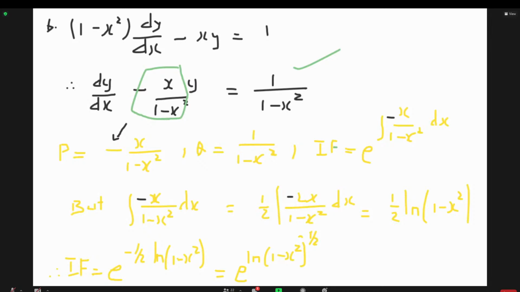That minus. Sorry. All right. Which is equal to 1 minus x squared to the power of a half. That's our integrating factor.